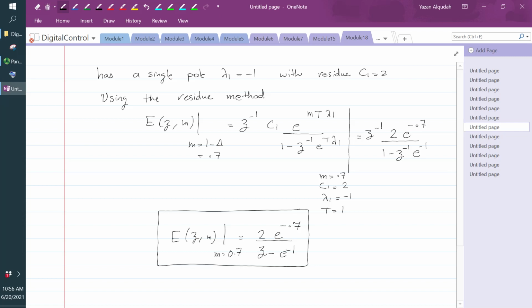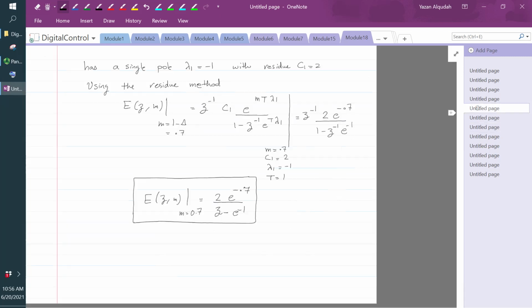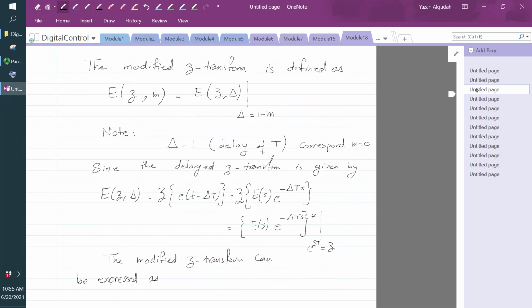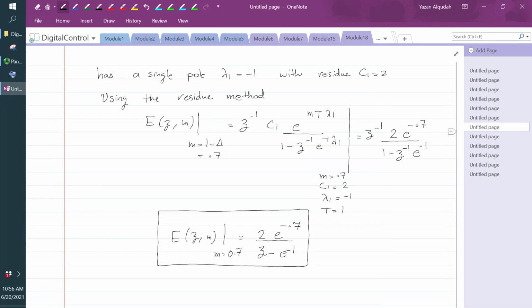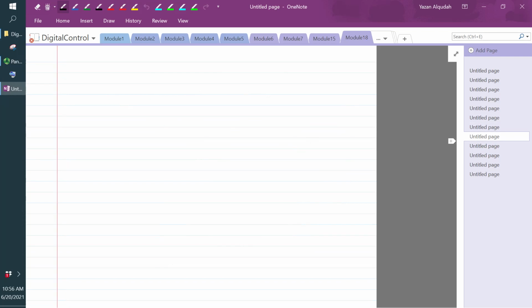So we calculated the Z transform of this signal that we delayed by 0.3 multiplied by T. Okay. So this is what happens when we delay a signal.